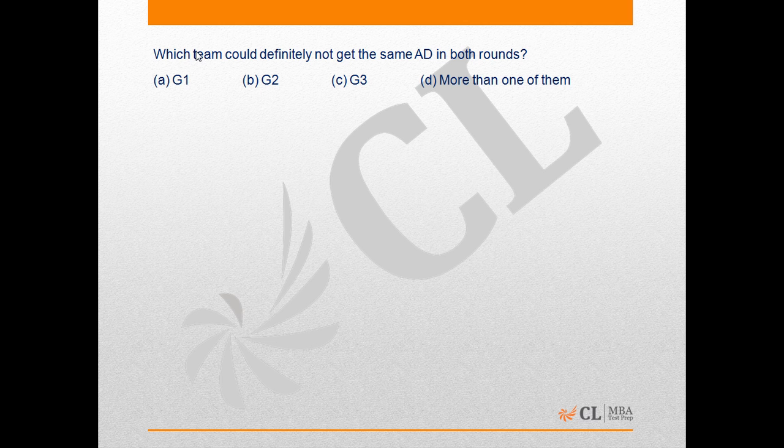In the last question it is asking which team could definitely not get the same AD in both rounds.